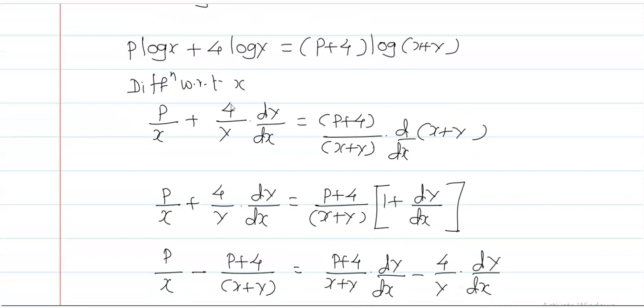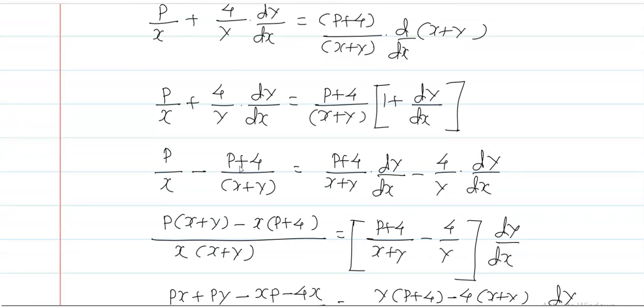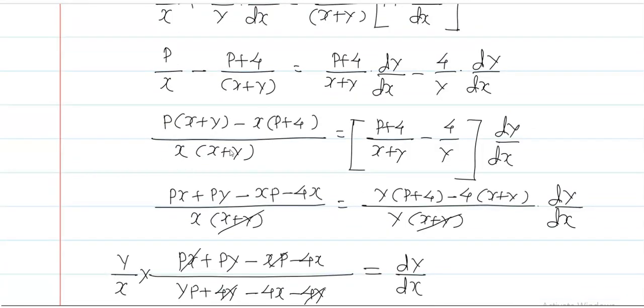This is p upon x plus 4 upon y into dy by dx, (p plus 4) upon (x plus y) into d by dx of (x plus y). Take p upon x and (p plus 4) upon (x plus y) on the left hand side, and 4 upon y into dy by dx to the right hand side. Take the dy by dx as common, cross multiplication. Therefore, (px plus py minus px minus 4x) upon x into (x plus y). Now here is again cross multiplication, y into (p plus 4) minus 4 into (x plus y) upon y into (x plus y) into dy by dx.